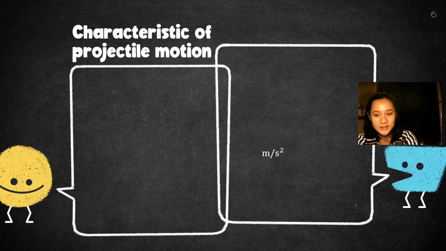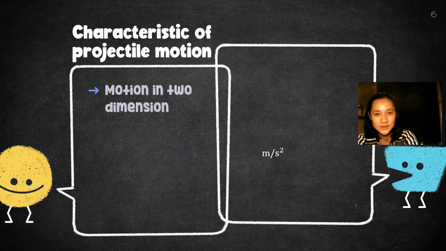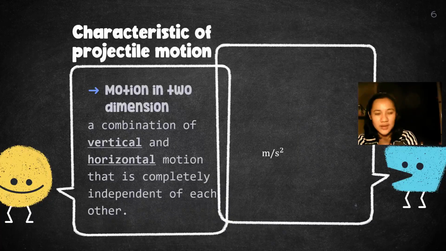Characteristic of projectile motion. Okay, projectile motion is known to be the motion in 2 dimensions. Okay, bakit 2 dimension? Because projectile motion is a combination of vertical and horizontal motion that is completely independent of each other. Okay, so it is a combination of 2 motions, and these 2 motions cause a curved path.